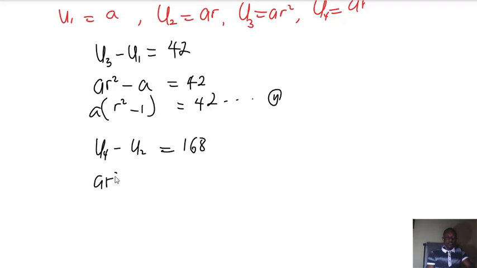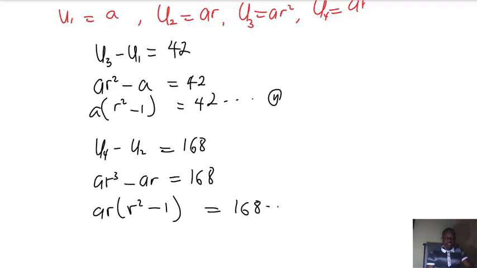So AR cubed minus AR is equal to 168. So here, let's factor AR out. So AR times R squared minus 1 equal to 168. Let's call this equation 2.